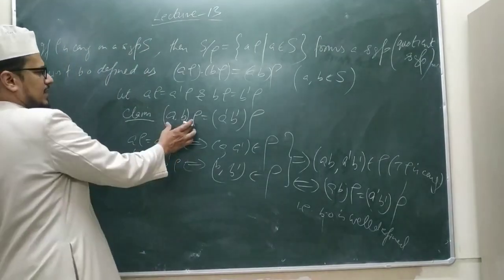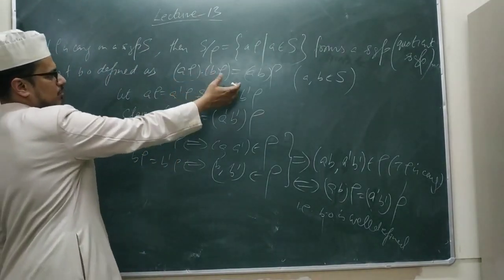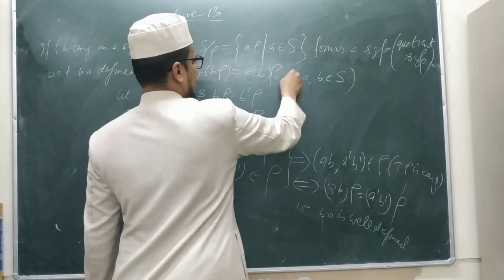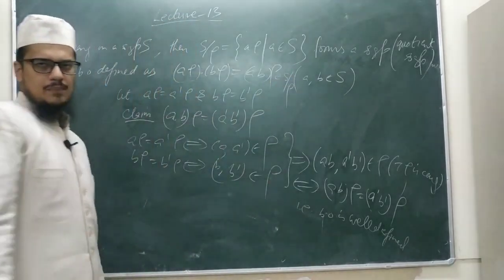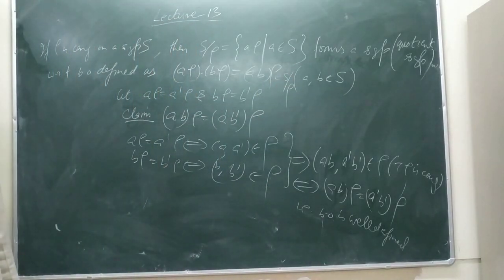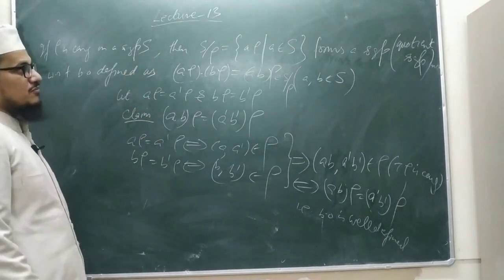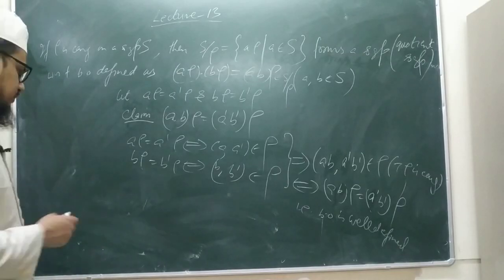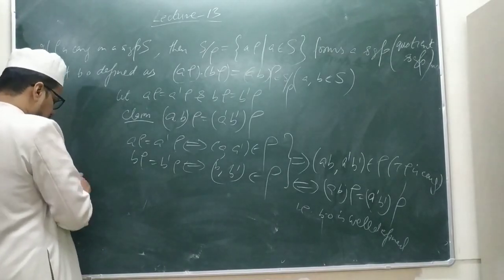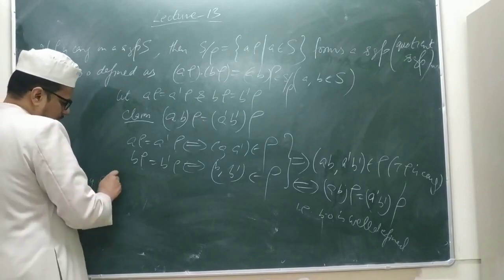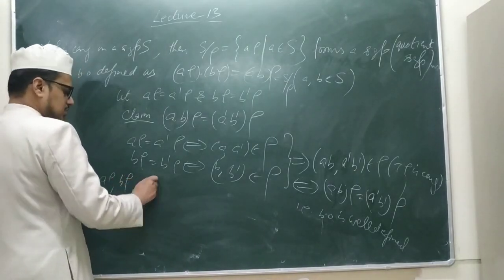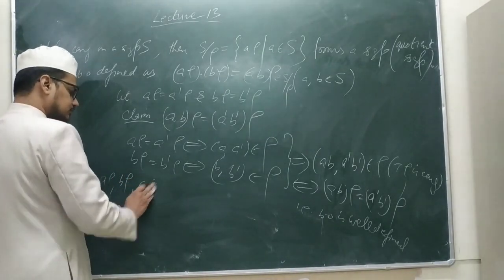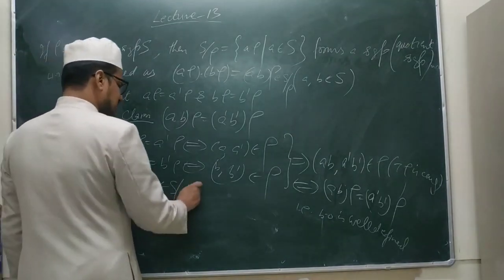So we have defined the operation like this: (a rho)(b rho) = (ab) rho. Of course, it will belong to S by rho. The operation is binary, correct? Now what do we have to check? In order to show that S by rho forms a semigroup with respect to this operation, we have to show that it is associative. Now you take any a rho, b rho, c rho belonging to S by rho.